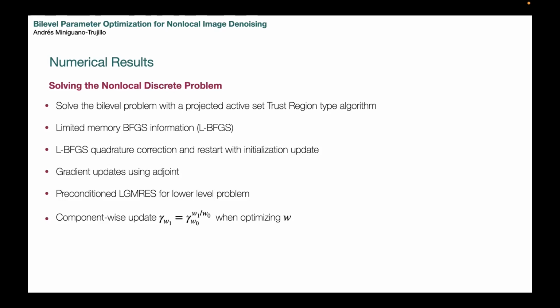For the state and the adjoint equations, we use a Krylov method. I also have to mention that the update on the kernel, if we want to change the weight, is just, by the definition of the kernel, a component-wise power. So we don't need to recompute the kernel over and over again when we just want to update w.